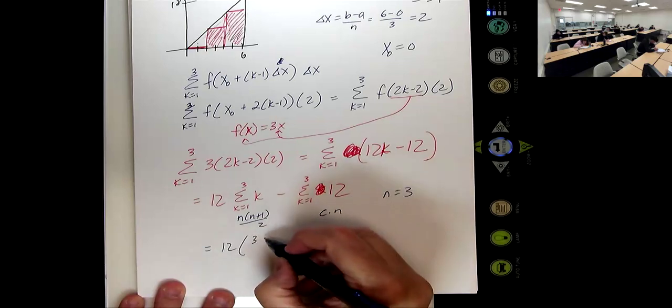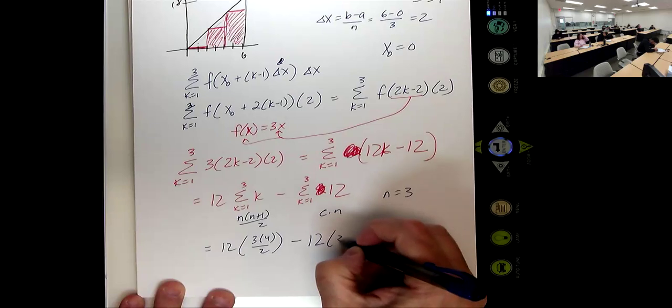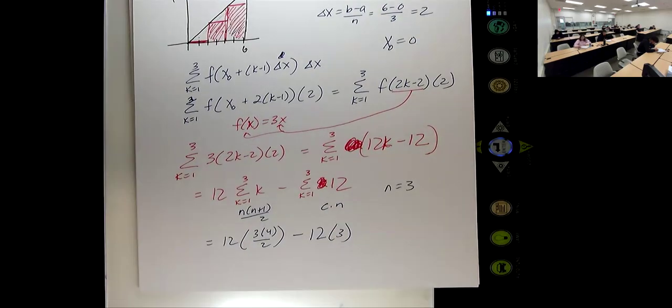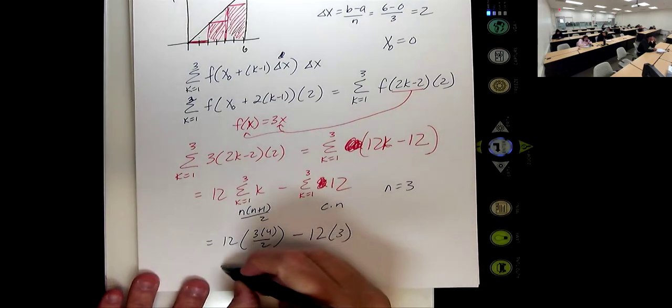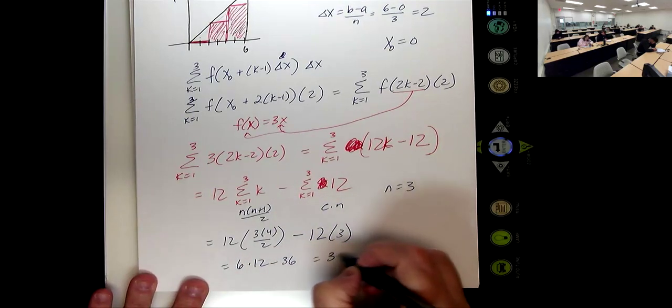So 3 times 3 plus 1 is 4 over 2, minus 12, which was my c times 3. This is 6 times 12 minus 36. Ends up being 36.